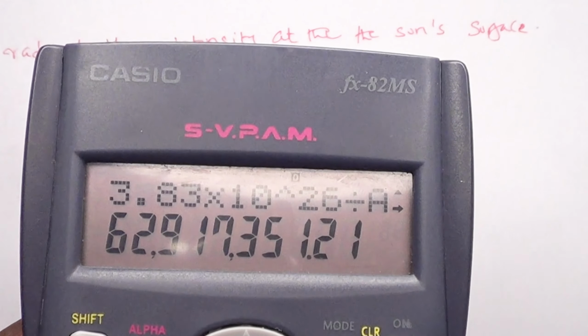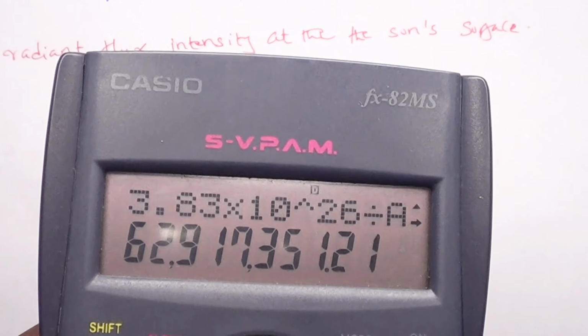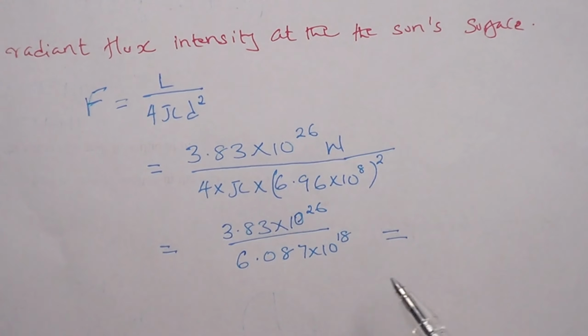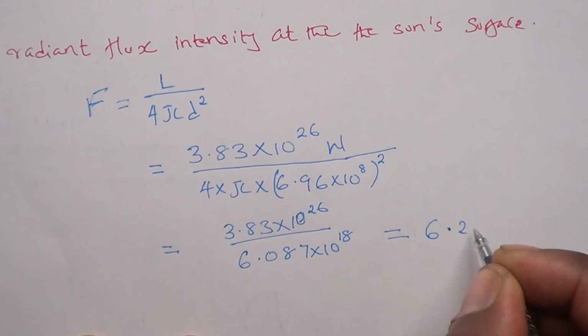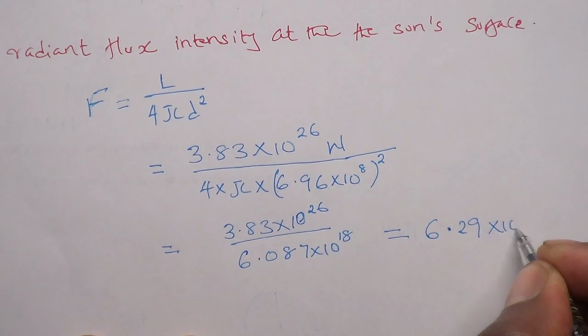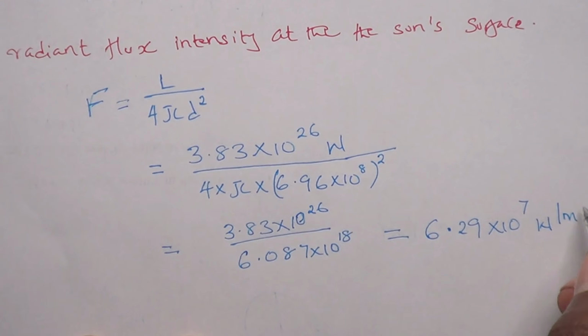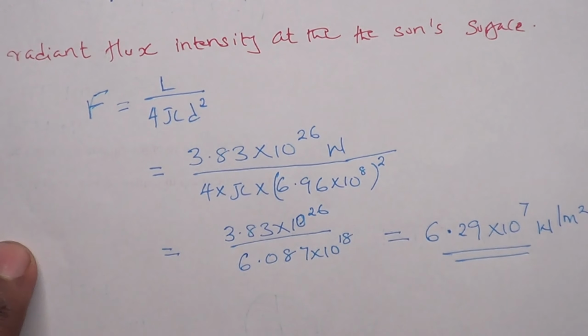We get 62,917,351.21. So our answer will be 6.29 times 10 power 7. So that is the radiant flux intensity at the sun's surface.